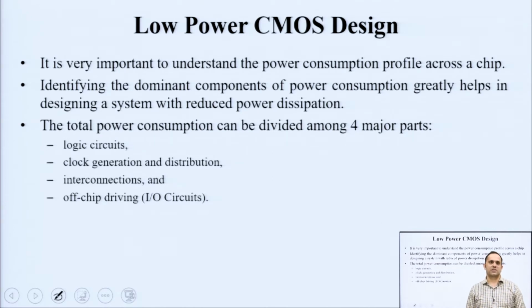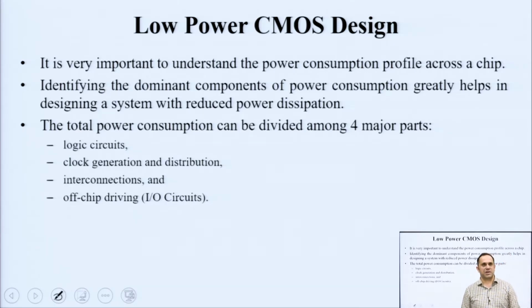When your logic circuits make some transition, the power gets consumed, plus in all the logic circuitry, whatever leakage or short circuiting can take place. So, all the power consumption related to the logic operation of your integrated circuit is one area where power can get consumed.